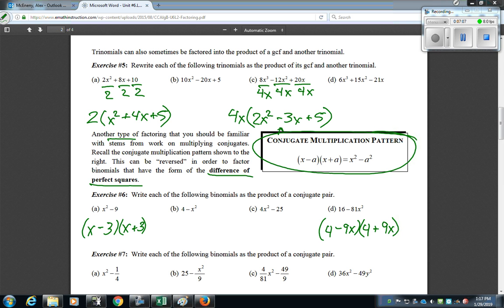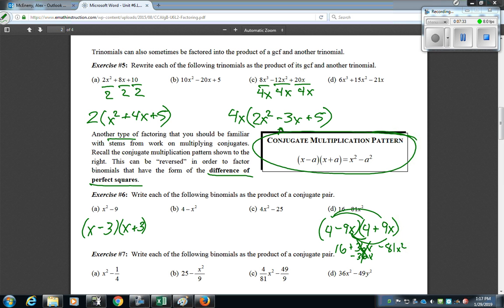When you multiply it, I get 16, I get positive 36x. Then when I do the third inside term, I get negative 36x. And then I get negative 9 and positive 9, which would be negative 81x squared. So those two cancel out because they're a positive and negative, and you get back to what we started with.